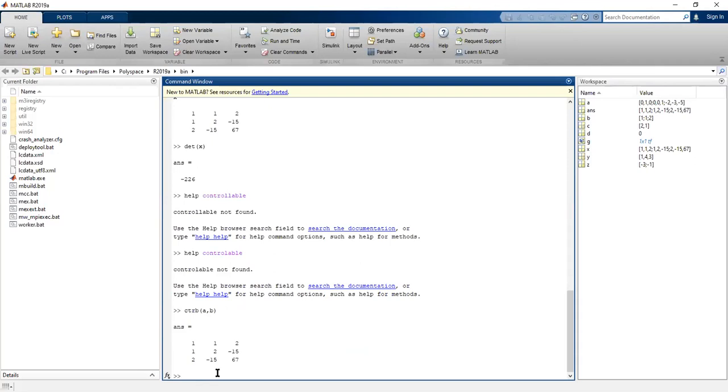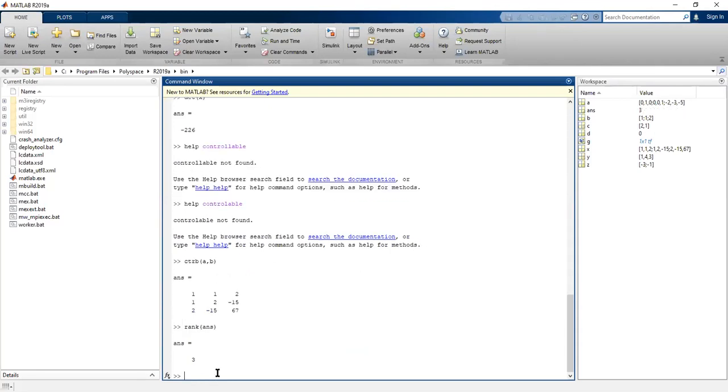All right, now, one other thing. Type in rank, R-A-N-K, of the answer that you get. So rank of the answer. It's supposed to give you 3.